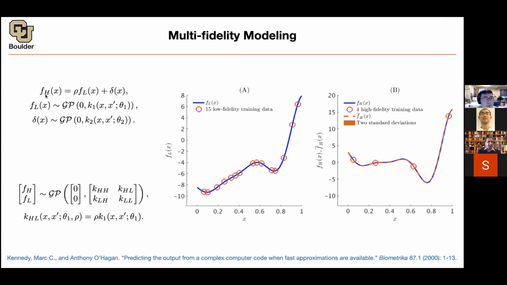You can make an assumption that the high fidelity function is a linear combination of your low fidelity functions. You can have multiple low fidelity codes, so this could be a vector. Your high fidelity function is a linear combination of your low fidelity functions plus a correction term. And everything we are going to assume is a Gaussian process.